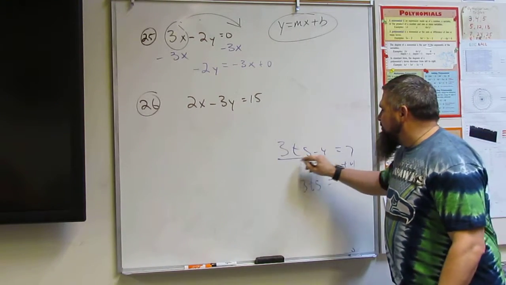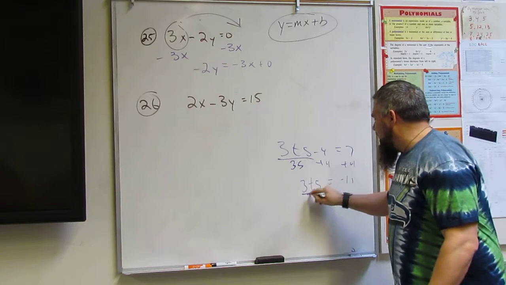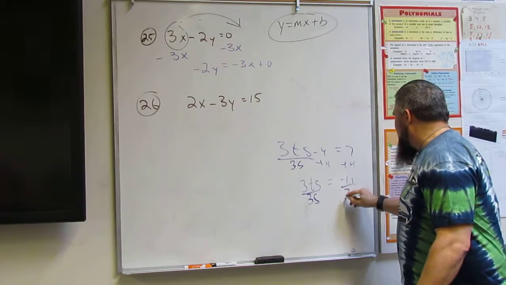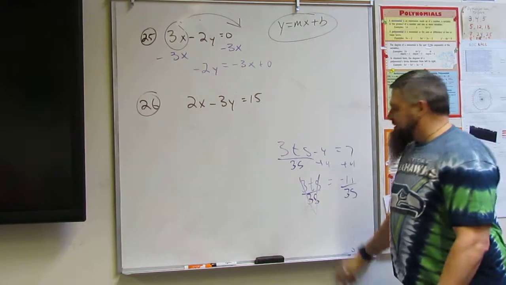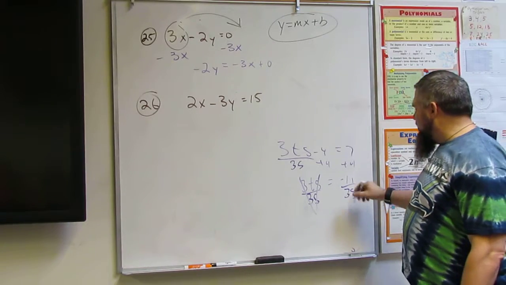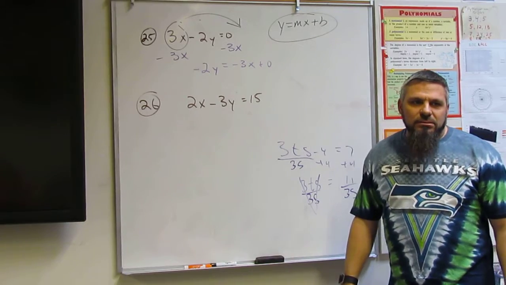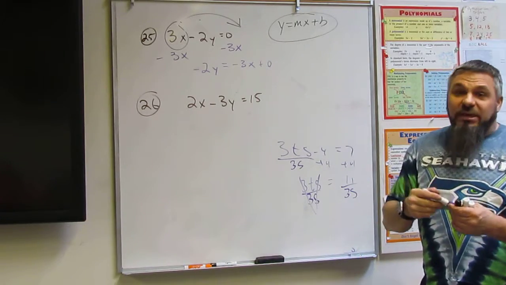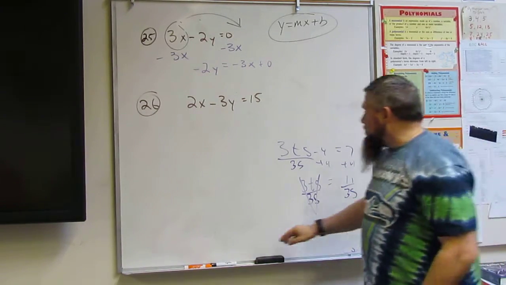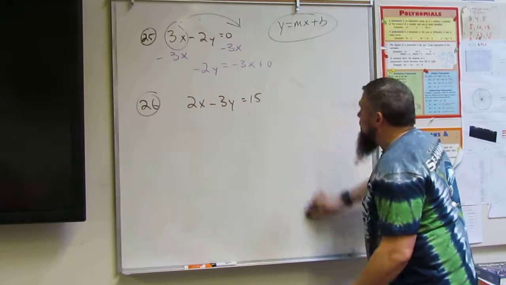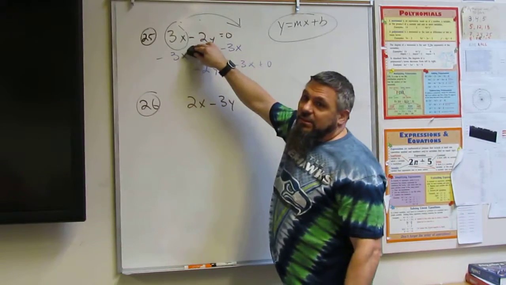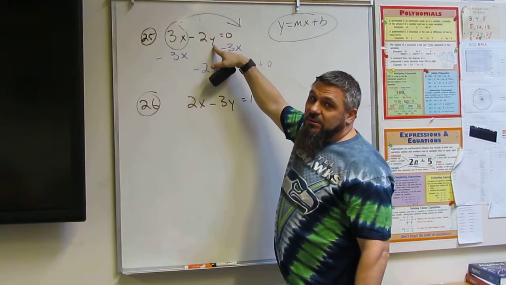So I'm going to divide by 3s, divide by 3s, divide by 3s, and I get t is equal to 11 over 3s. Okay, this is beginning of the year. That's all we're doing. We're moving this and solving for this.